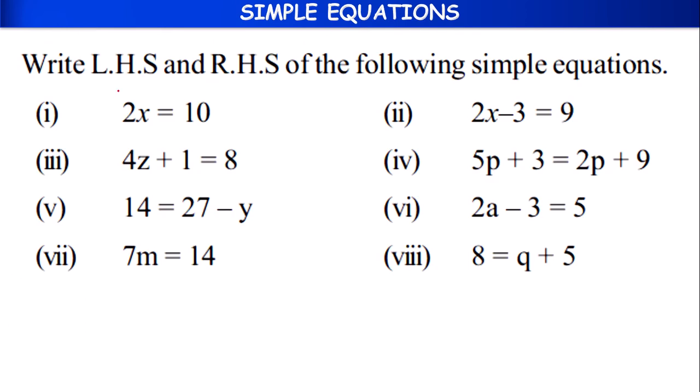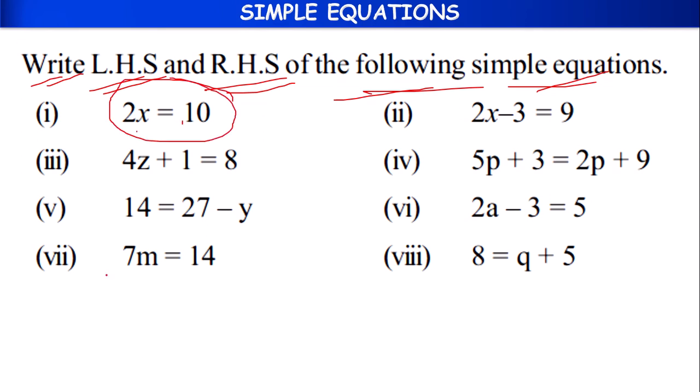Let's try to solve this question, children. Write LHS and RHS of the following simple equations. In first question, 2x equal to 10. What is LHS? LHS equal to 2x and RHS equal to 10. Okay.